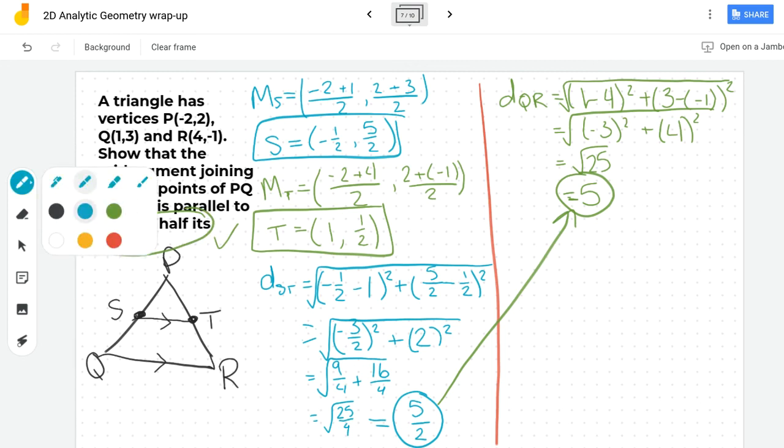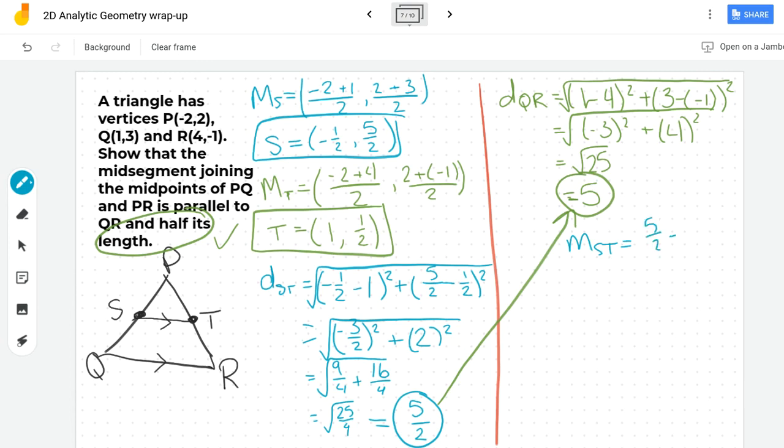Now we need to find the slope of each one. So we'll find the slope of ST. Y2 minus y1 over x2 minus x1. So we got some fractions within fractions here. It's not going to be pretty for a minute, but hopefully it'll work out nicely.